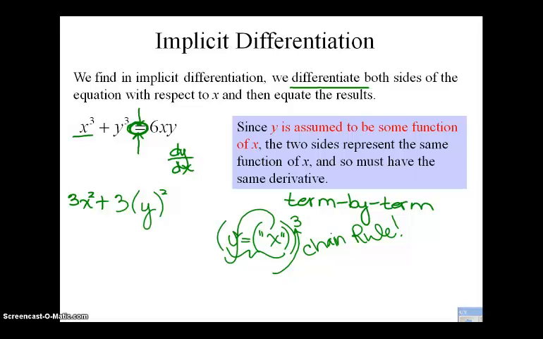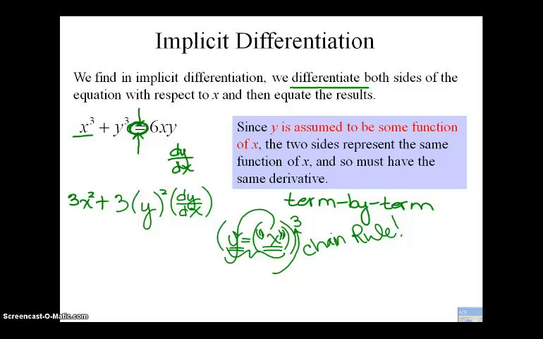Well, what's inside that function is y, and that's this function right here, times the derivative of what's inside. Well, what's inside is x, right? Or some manipulation on x. I don't know that it is x. I can't say the derivative of that is 1. But I can say the derivative of that is dy/dx.